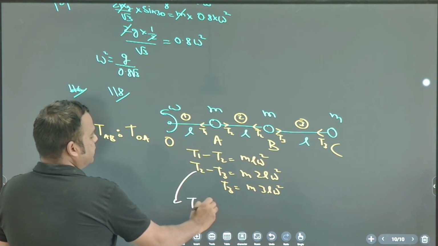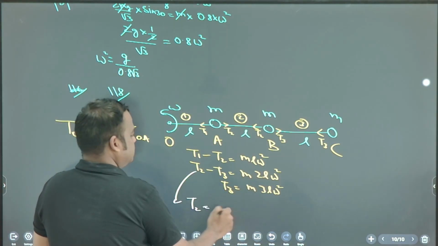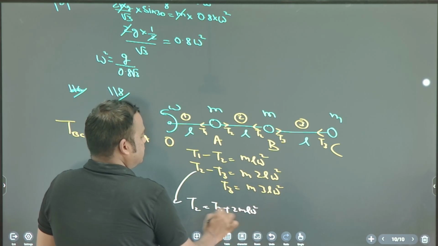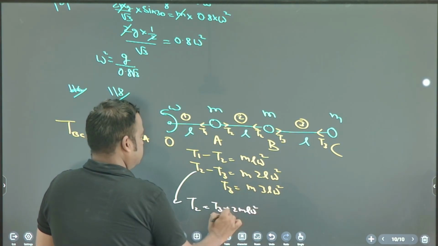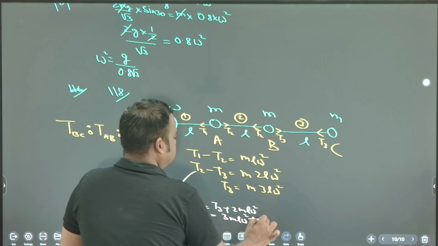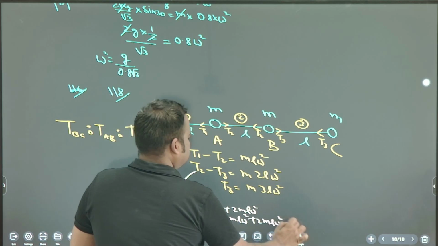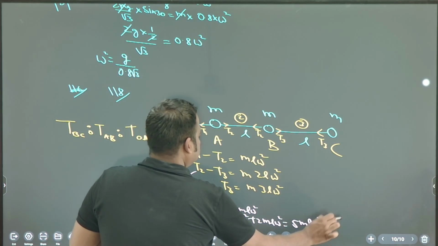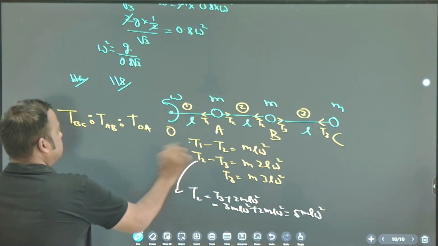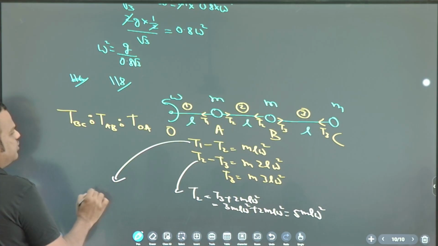Tell me. T3 plus 2ml omega square. T3 is 3, so 5ml omega square. Good. T2 you got. Now T1, 6ml omega square.